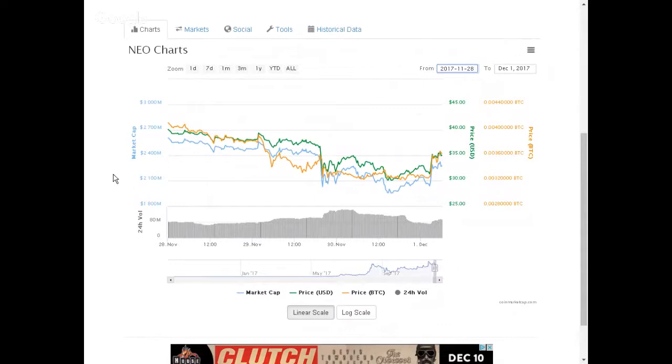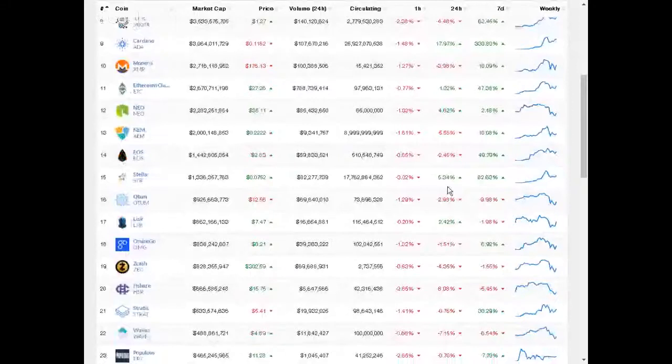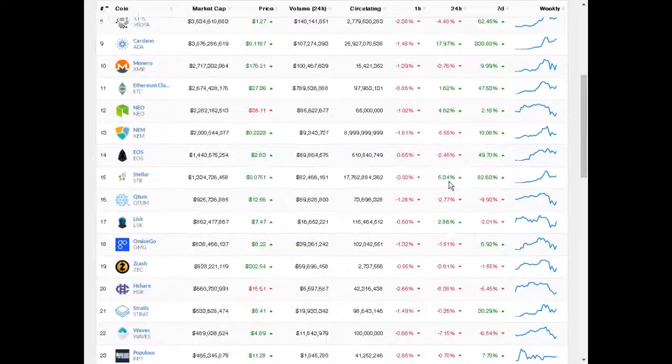Anyways, there's another one worth looking at. One here that has moved up in the 21st. Stellar's on my list, and if you look at Live Coin Watch, you'll see the 24-hour period has gone up in US dollar value, as well as the 7-day period. The 24-hour is up about 5%, and the 7-day is 82%.